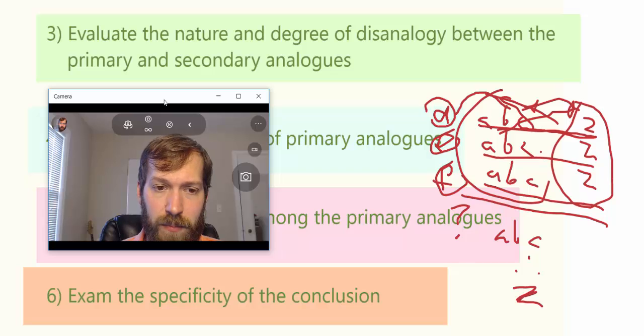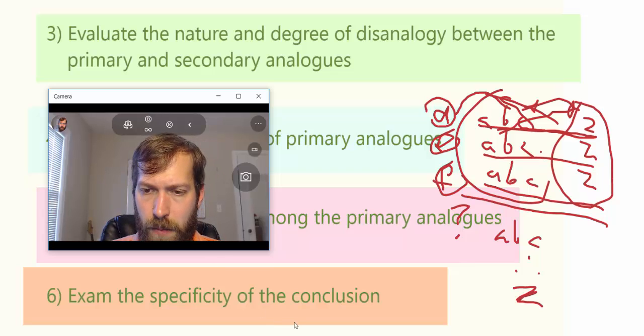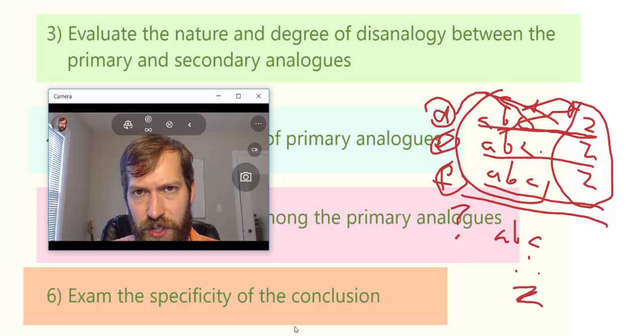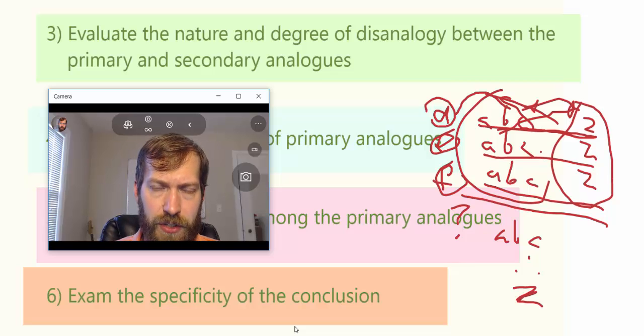All right, let's turn to looking at an example and deciding whether certain changes or additional information weaken an analogical argument, strengthen it, or are neutral.